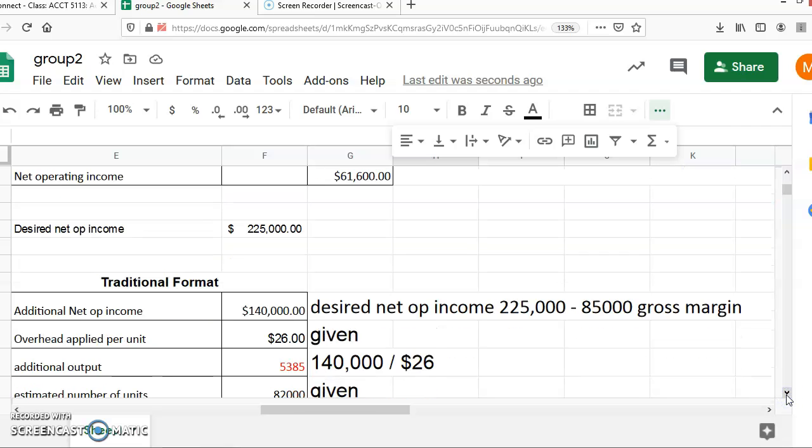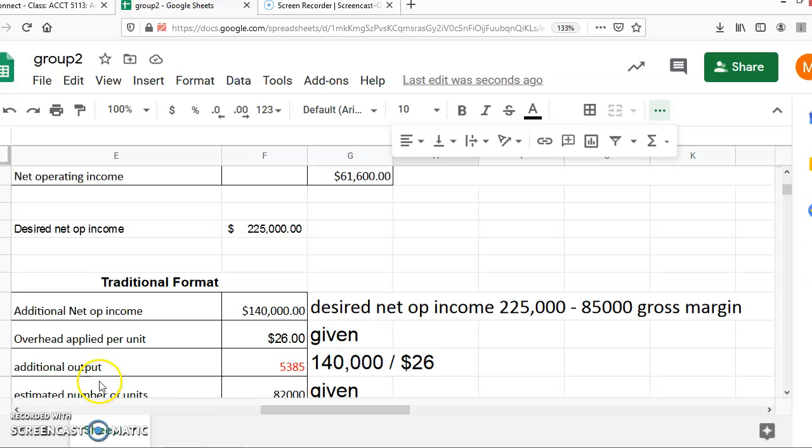Using the traditional format, additional net operating income: the desired net operating income of 225,000 minus the 85,000 gross margin gave us that answer. Overhead applied per unit was given to us.